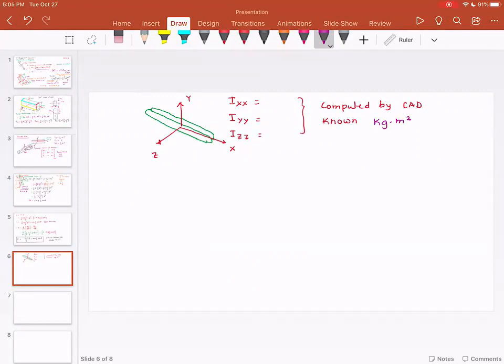Now let's assume, for the sake of discussion, that there is a spherical joint here. So this is a spherical joint.